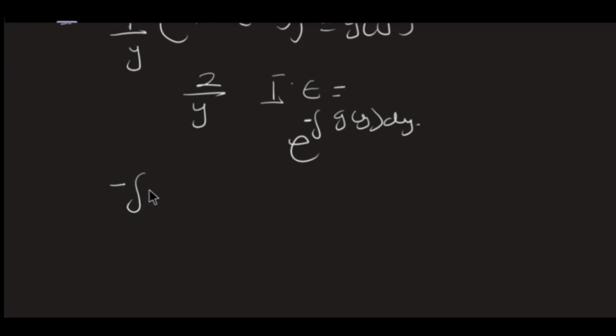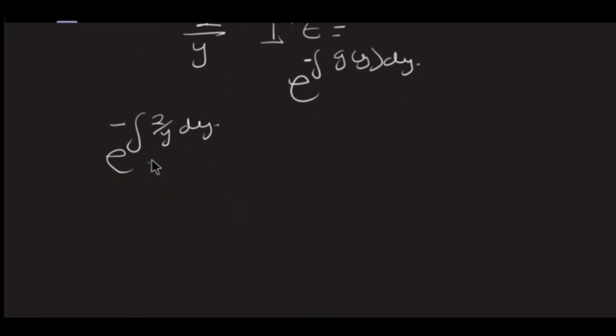Our g of y now is 2 over y, so you have the negative integral of 2 over y dy. So let's see, e to the power.